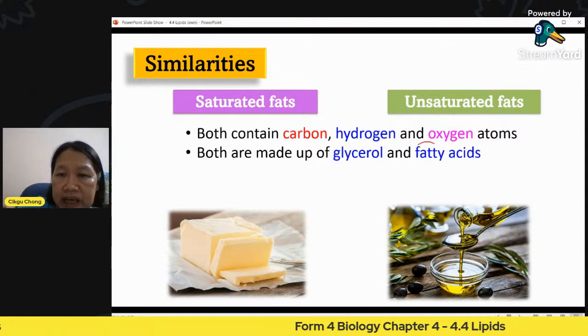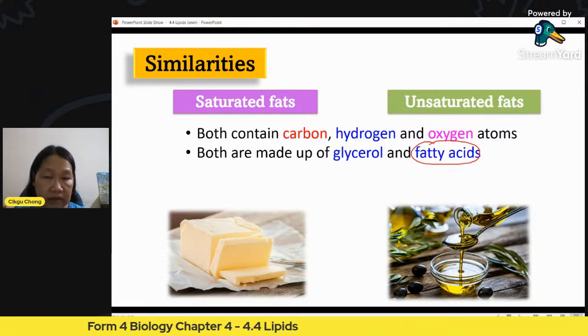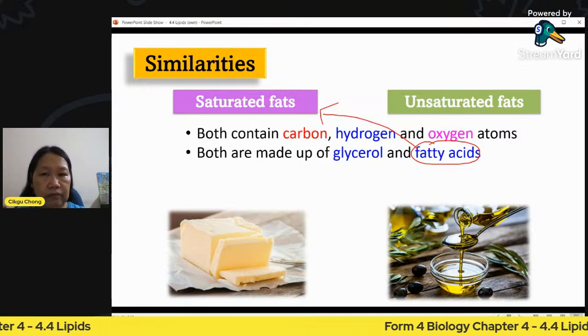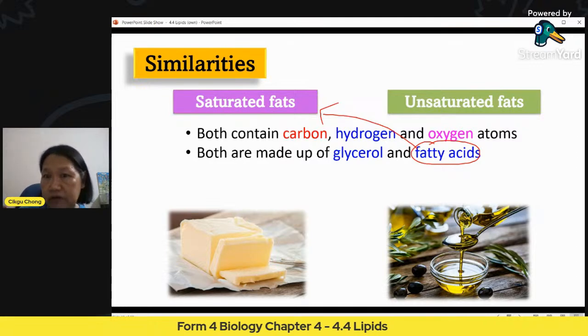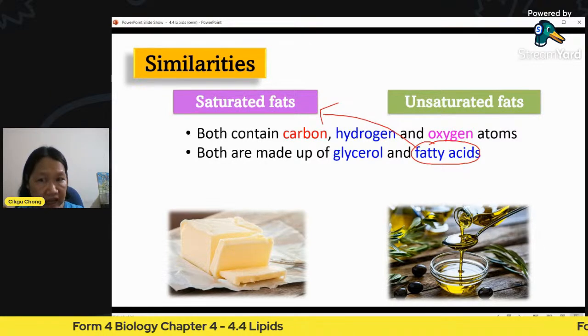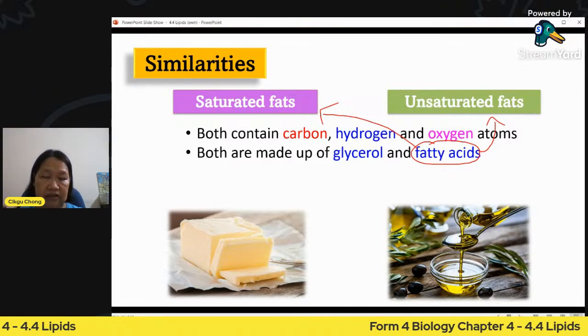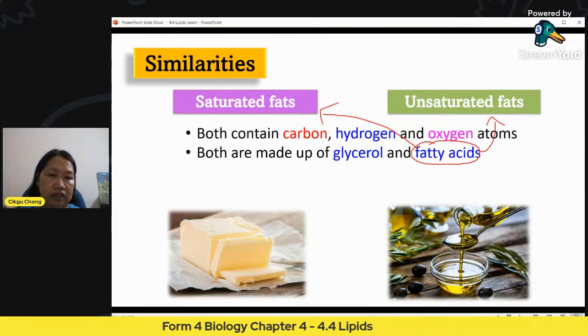So it depends on the fatty acids. If all of them are saturated fatty acids, it will be a saturated fat. If at least one of them is an unsaturated fatty acid, it is known as an unsaturated fat. If you're not clear, you can message me later and I'll explain to you.